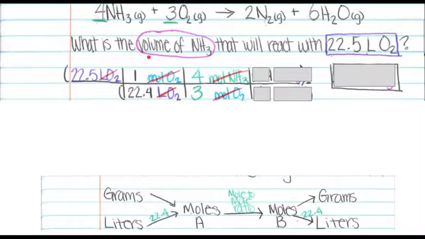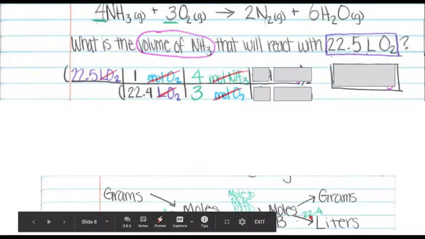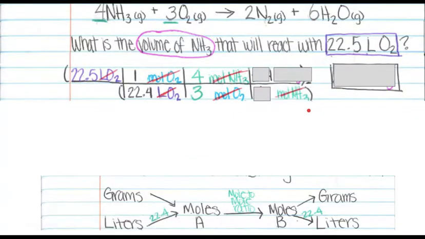So I'm going to have to do a mole conversion here. Once again, what goes up must come down. Moles of ammonia was on the top, moles of ammonia is on the bottom. As you can see, I've already started to cross off these units because what goes up must come down, so that the units can cancel out.